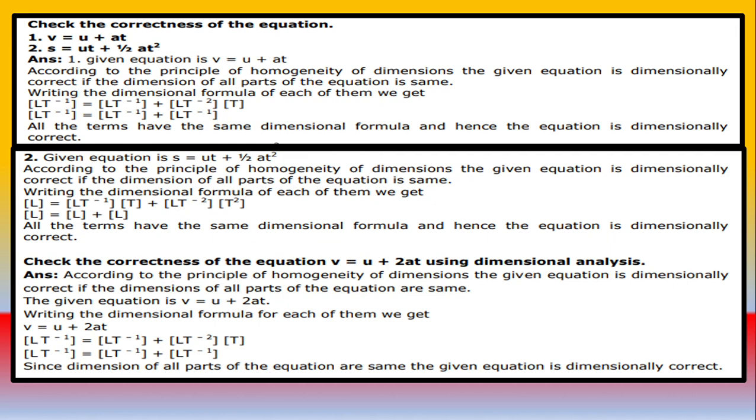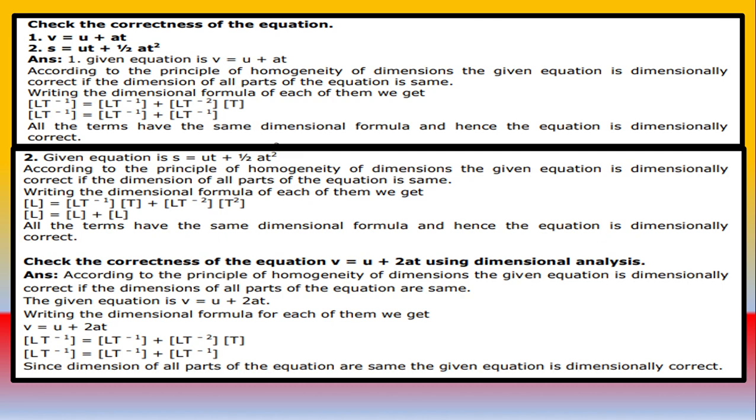So we will take v, the final velocity. The dimensional formula is L t to the power minus 1. Then u, the initial velocity, separately we write the dimensional formula: L t to the power minus 1, because velocity is displacement divided by time.